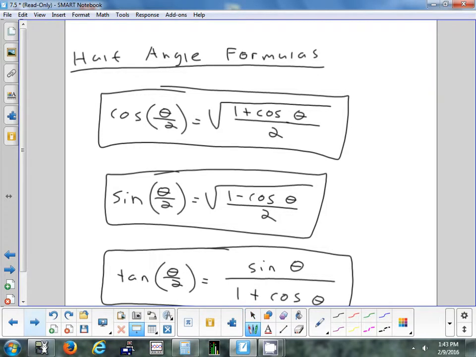The only practical thing you really could do in this class with them is find the cosine of 15. Remember when we did it as a difference, 45 minus 30? How could you write 15 as a fraction with a denominator of 2? 30.